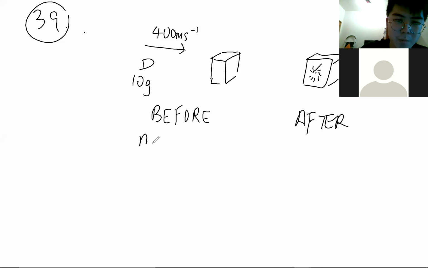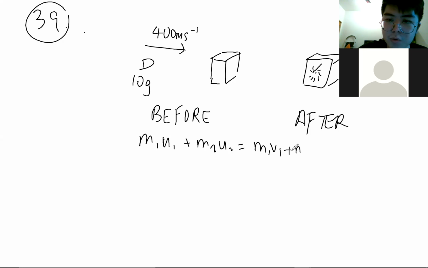So you put m1 u1, where u1 stands for the velocity before collision, plus m2 u2 equals m1 v1 plus m2 v2. Okay, so you take all the information from the previous question.